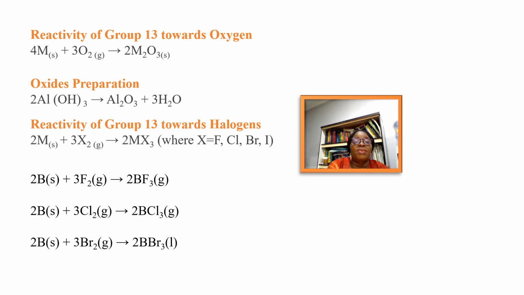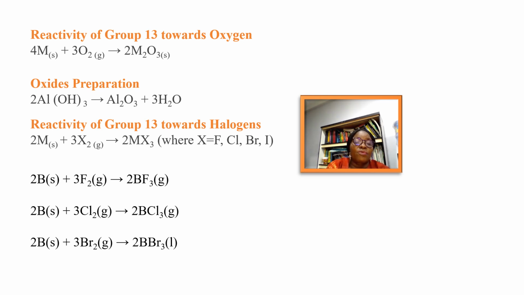All of the elements of group 13 react at high temperatures, forming their trioxides, M2O3. The oxides of the other elements can be prepared by the thermal decomposition of their hydroxides or nitrates. If we decompose aluminum hydroxide, it will form aluminum trioxide and 3 molecules of water.